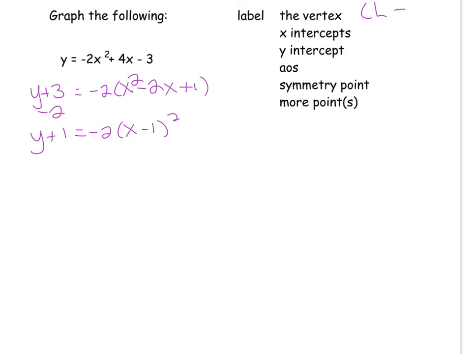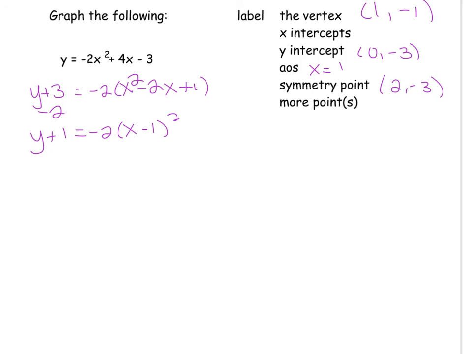Nope, sorry, (1, -1). That's what I meant to say. The y-intercept is at the point (0, -3). The axis of symmetry is the line x is 1. My symmetric point: I'm at (0, -3) as my y-intercept, so I would be at (2, -3).